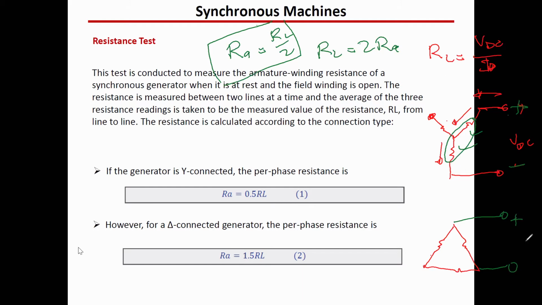Well, first of all, this is voltage DC, this is current DC. So if we divide, same thing, we will get a resistance value. But what is this resistance value? First of all, the current will flow in both, right? And all the resistors we have in this connection.